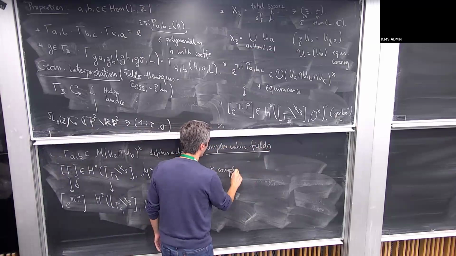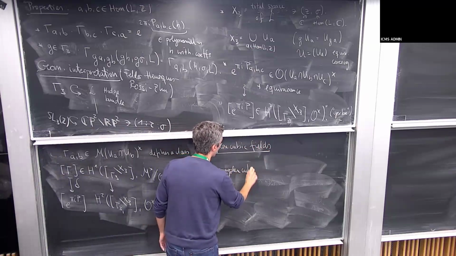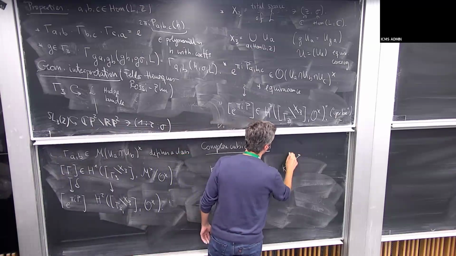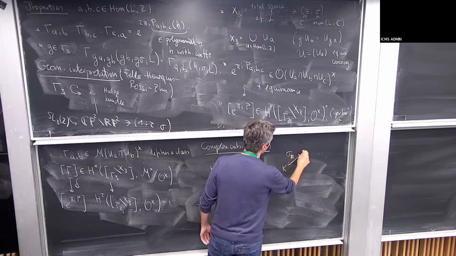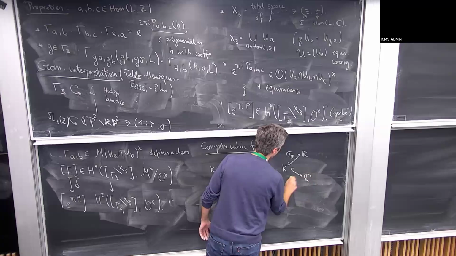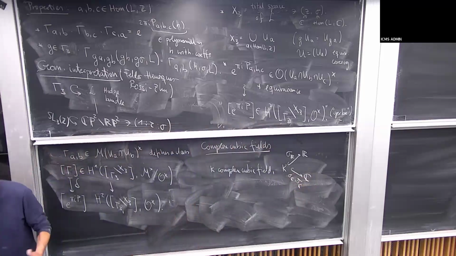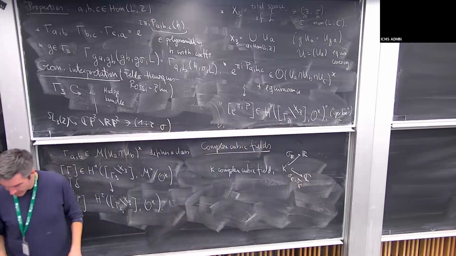So now I'm back to the setting in Piazza-Stock. K has a real embedding, sigma R, and two complex embeddings that I denote by sigma C and sigma C bar. I fix one of them and I call that one sigma C.